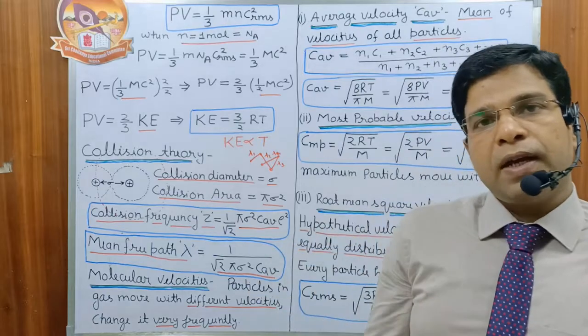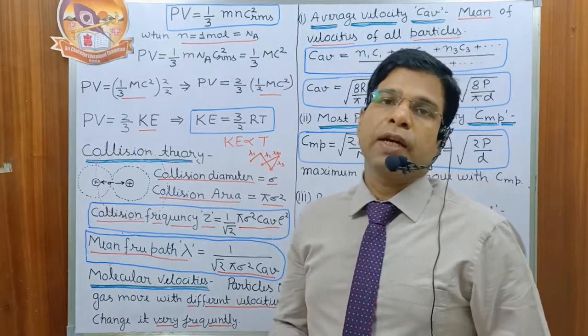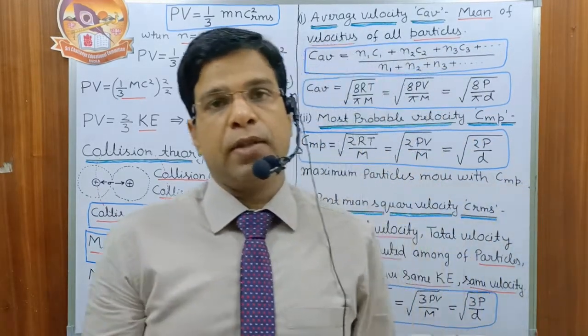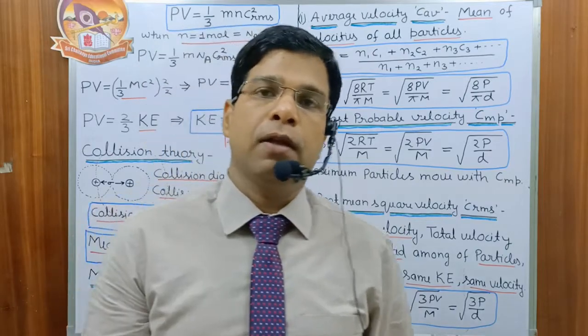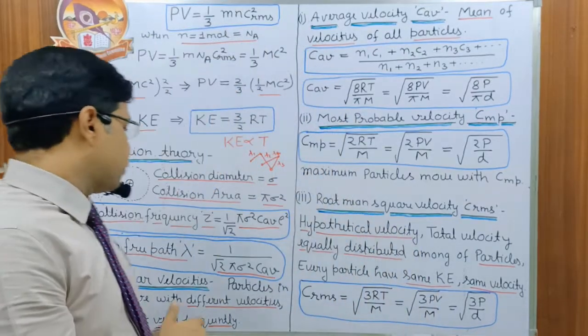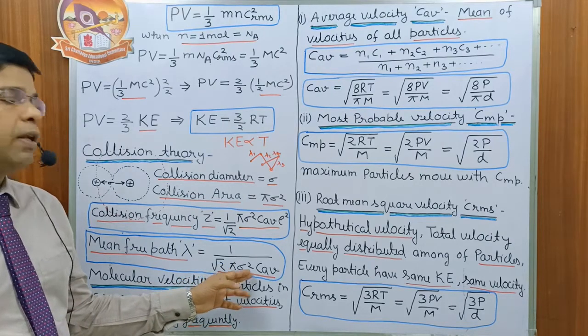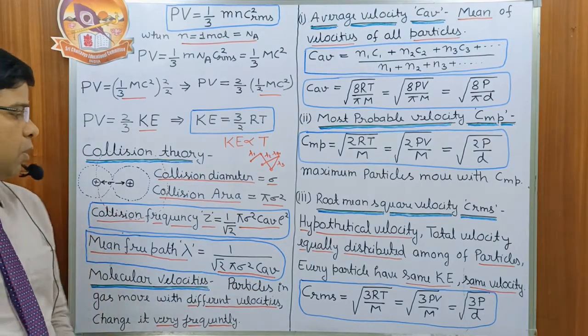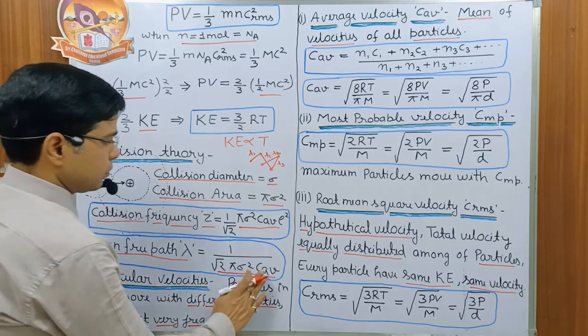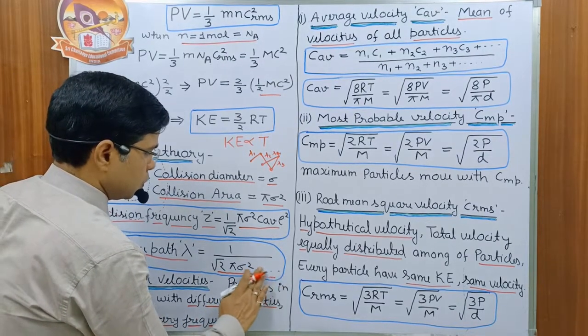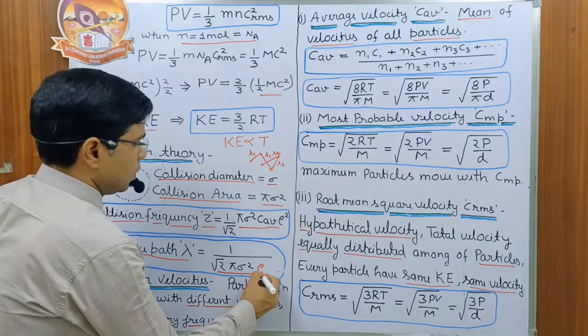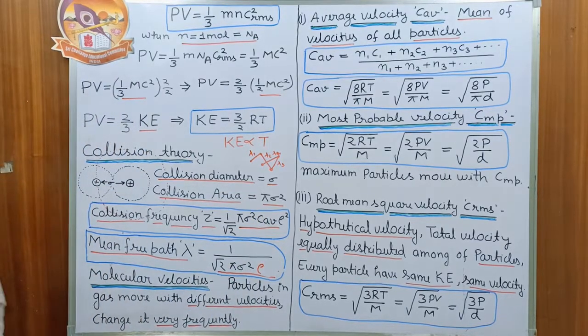So the average distance traveled by the gas molecule between two collisions is called the mean free path, lambda. So mean free path is equal to 1 upon under root 2 pi sigma square rho.